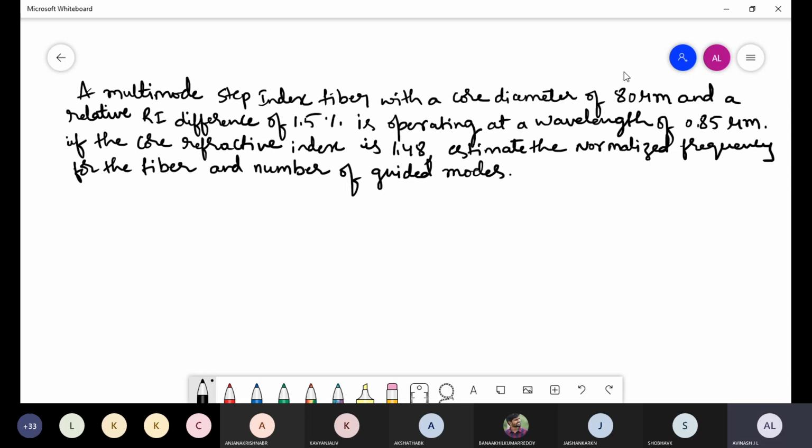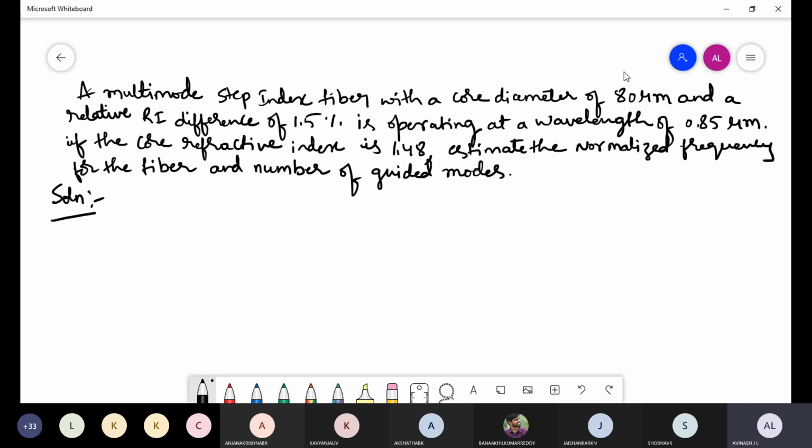Whatever formula we write should be for multi-mode step index fiber, that is for sure. For multi-mode step index fiber, the normalized frequency and numerical aperture are the same; the only thing that changes is the number of modes. So we'll see the solution.